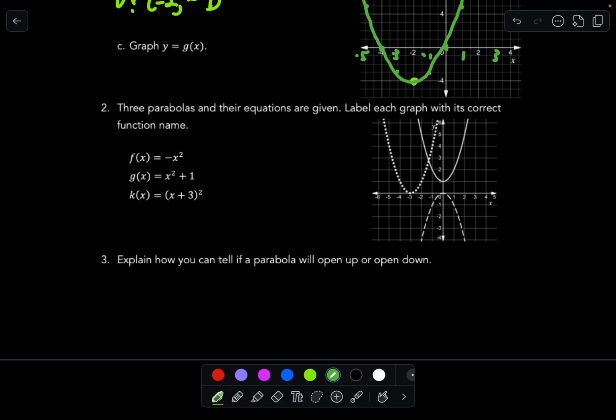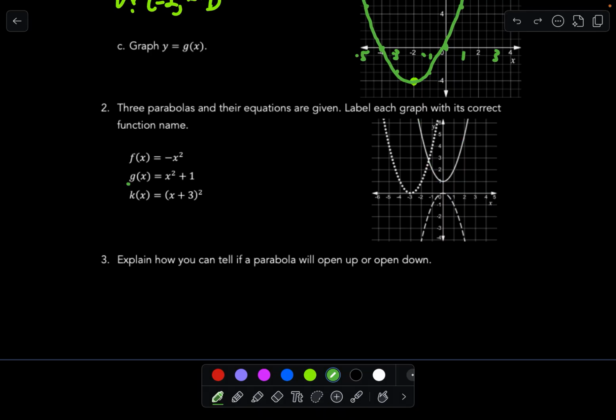Now, on question 2, they gave you F, G, and K, and they want you to decide which of these graphs is F, G, or K. Well, let's see. We know that this solid white one, this one right here, is shifted up 1 unit.